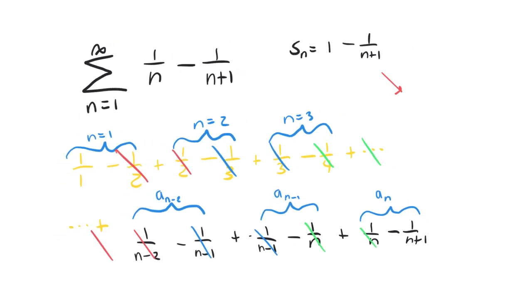It's going to be the limit as n approaches infinity of 1 minus 1 over n plus 1, and that's going to end up being 1. It's equal to 1 minus 1 over infinity, and 1 over infinity is 0. So that ends up being the answer to this particular kind of problem.